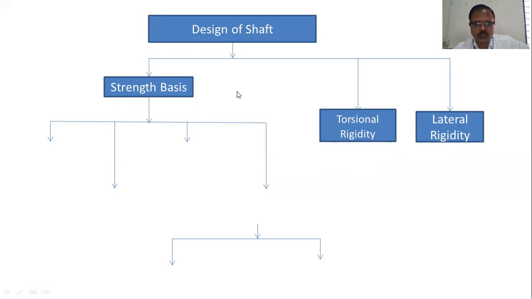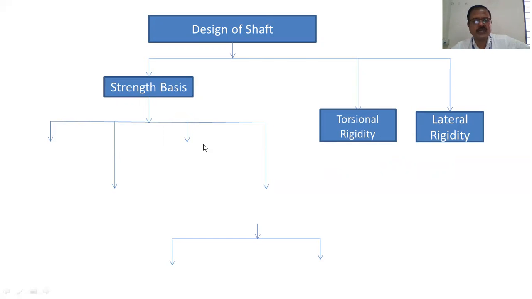They are subjected to twisting moments due to transmission of torque, and they are also subjected to bending moments due to the weight of the gears and pulleys mounted on the shaft, or due to the resultant forces due to meshing of gears or transmission of power from one pulley to another pulley. Then the shafts are subjected to bending moments.